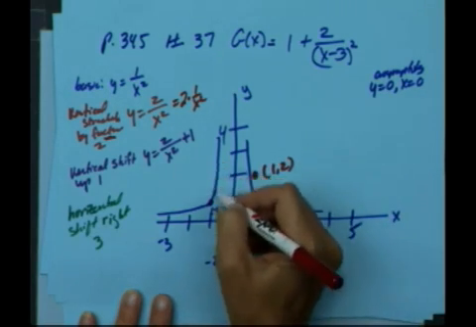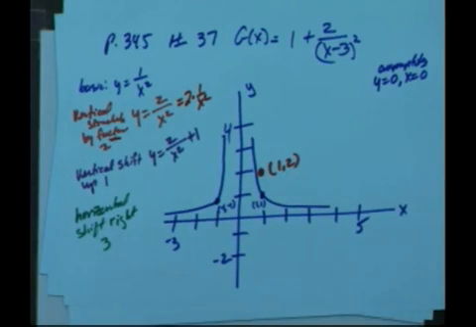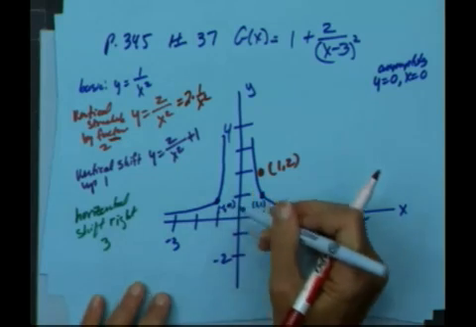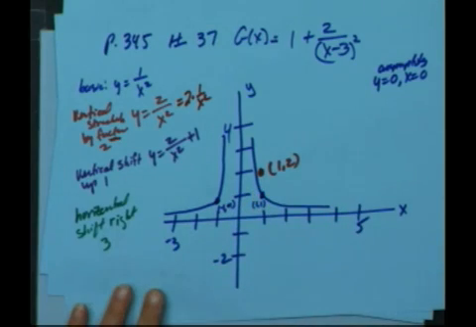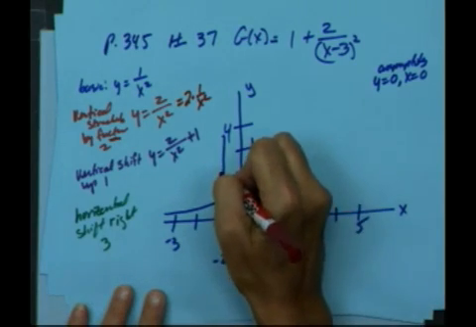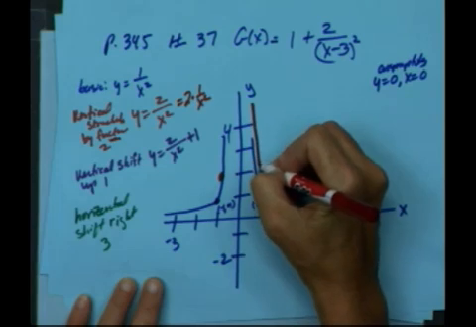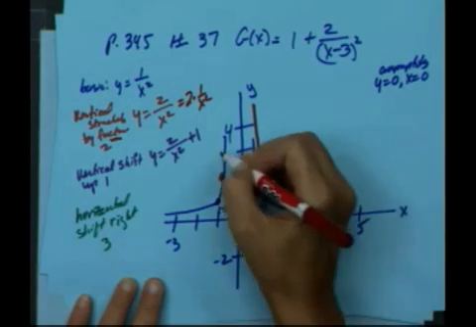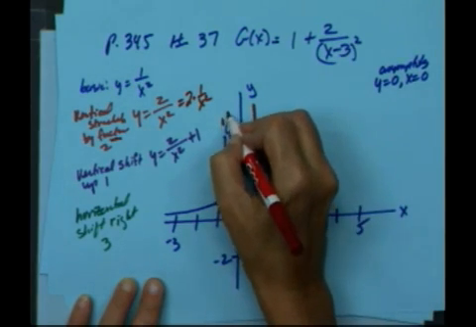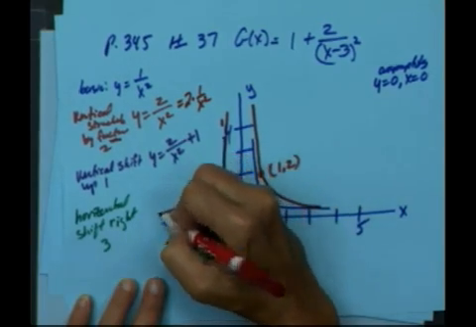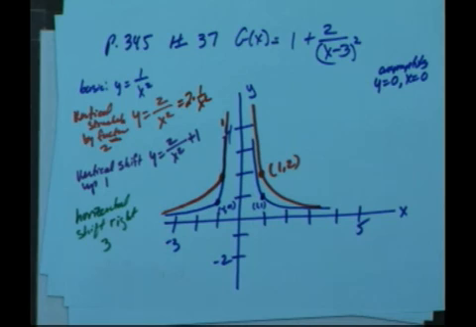And negative 1, positive 2. It's still going to look kind of the same, except that it's going to come like this. You're just doing the y values being multiplied by 2.